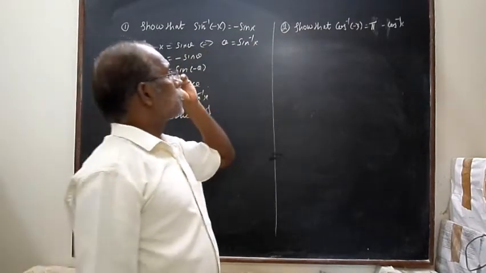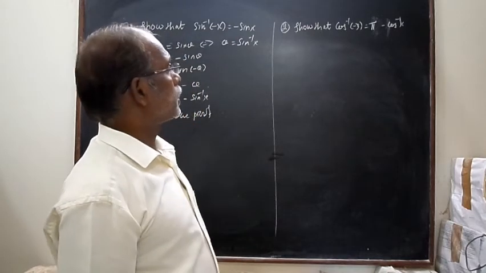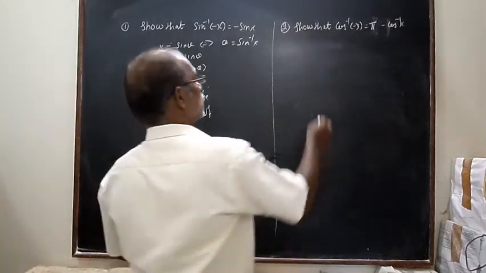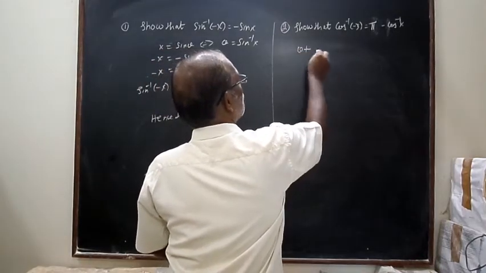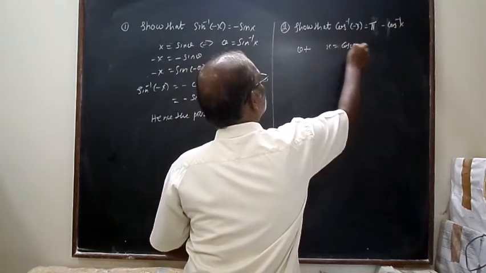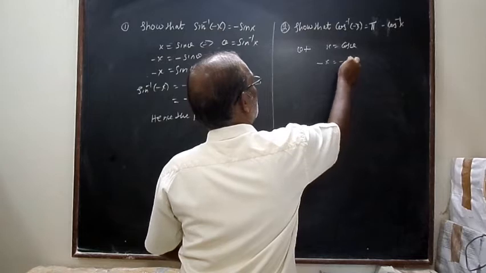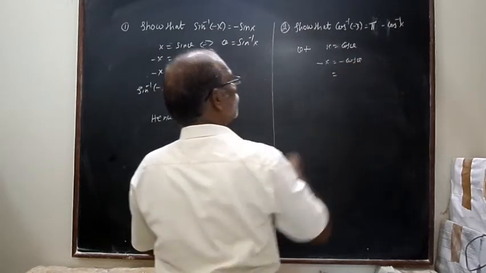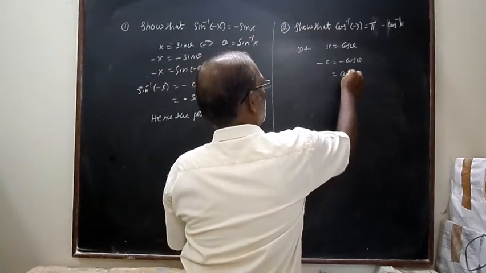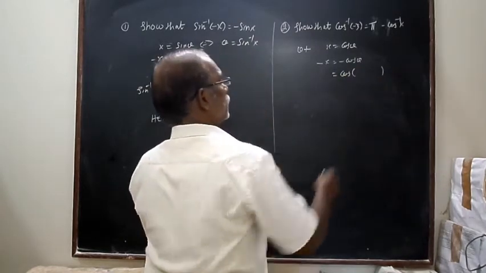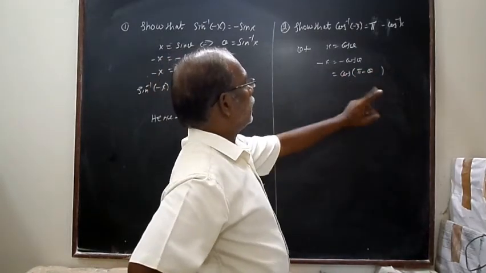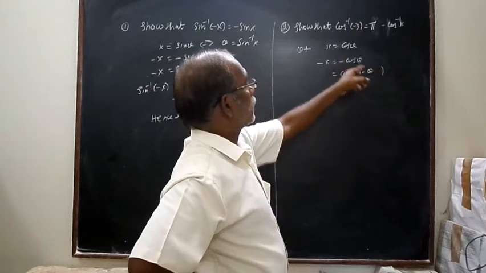The second question: show that cos inverse of minus x equals pi minus cos inverse x. In the same way we can prove the result. Let us assume x equals cos theta, then minus x equals minus cos theta. Minus cos theta can be written as cos of the second quadrant angle pi minus theta. So cos of pi minus theta, or cos of 180 minus theta, equals minus cos theta.